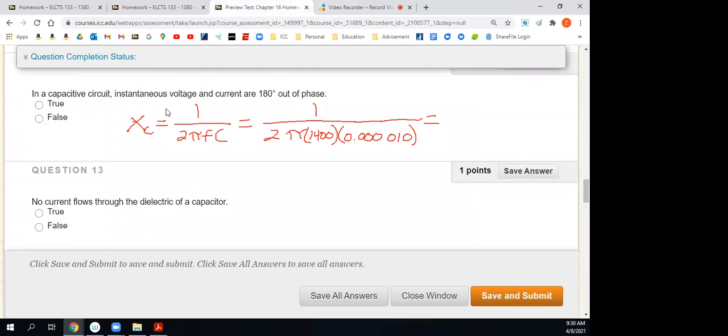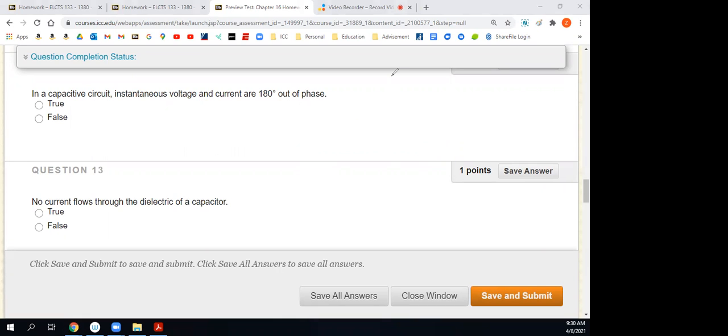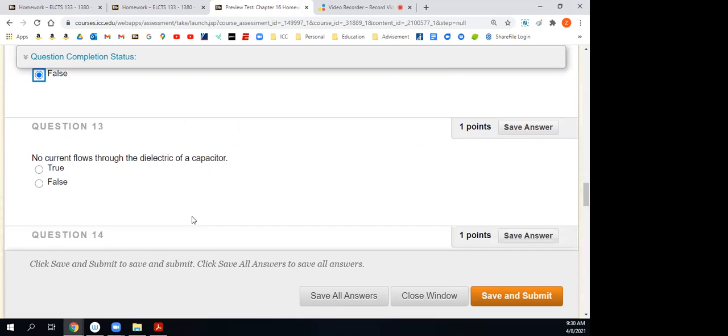In a capacitive circuit, instantaneous voltage and current are 180 degrees out of phase. Is that true or false? Like 90, yeah. False.